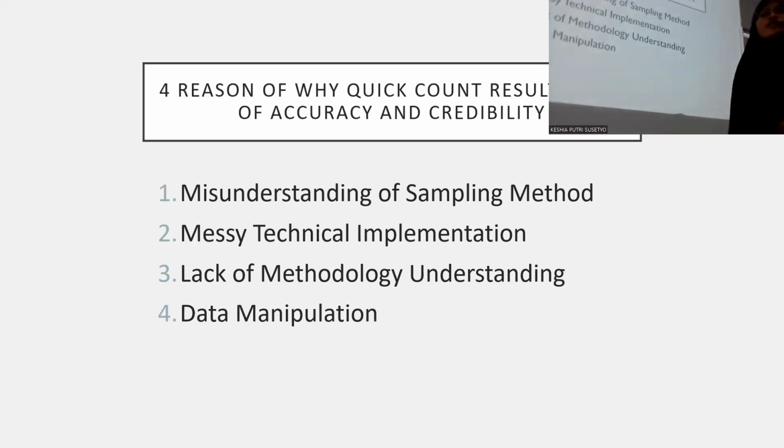The last one is, of course, a bit controversial, but data manipulation might possibly happen. I mean, we all know that politics is not all that clean. There is a lot of dirty play, so data manipulation might happen even though quick count is under government surveillance.